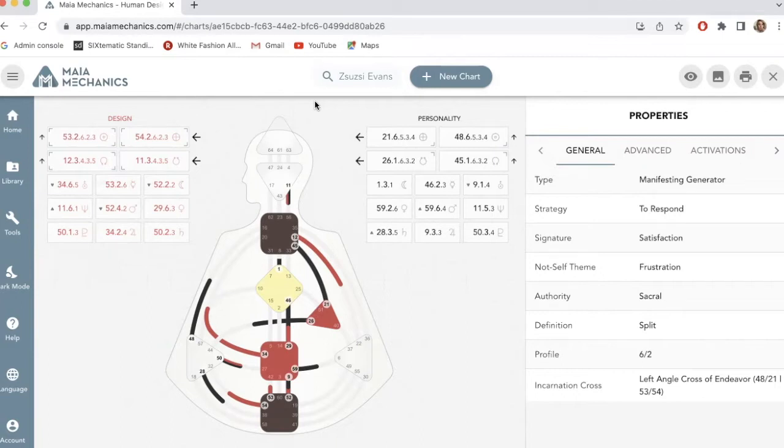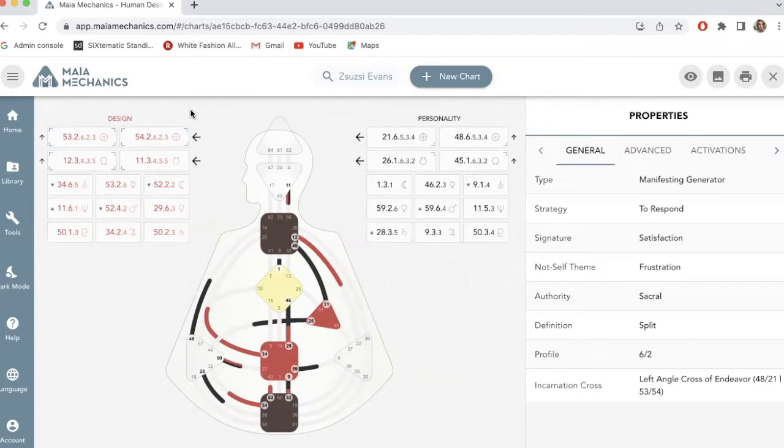If I'm doing a personal reading, obviously. And what you're looking at here is two things. You're looking at the personality side, which is denoted in black. And this is a snapshot from the moment of your birth. So these are all the planetary values as calculated based on the moment of your birth.